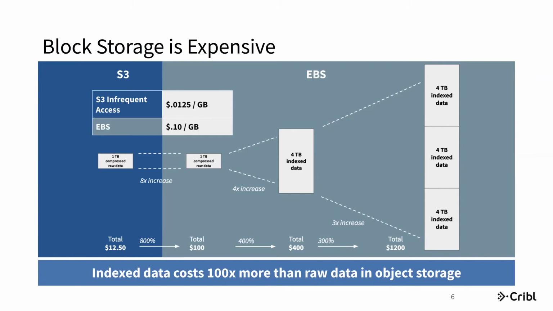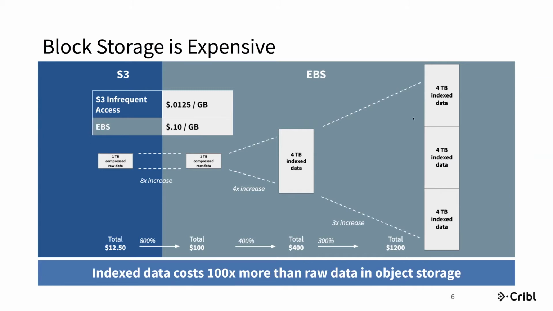So if I wanted to store a terabyte of compressed raw data in S3 infrequent access, that would cost me about $12 a month. To put that same compressed raw data, not even indexed, in block storage is going to cost me $100. When I index the data, that's going to cost me $400 a month.